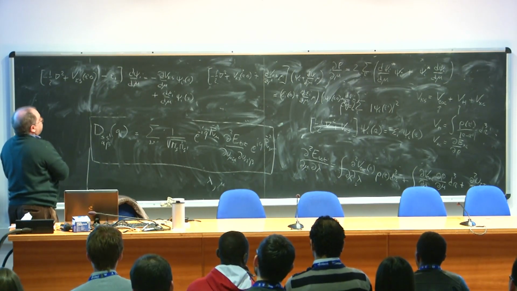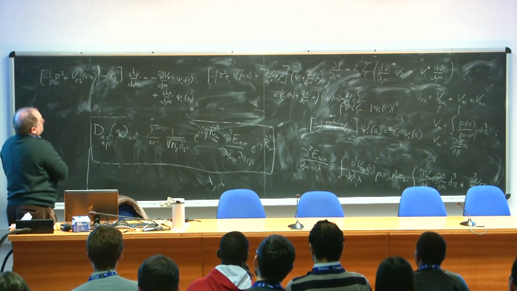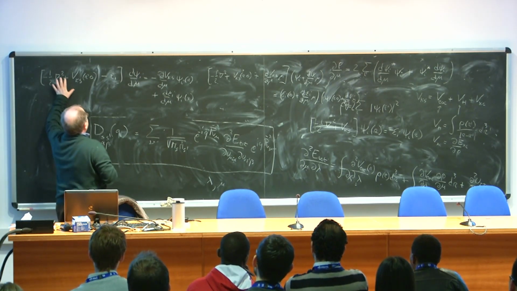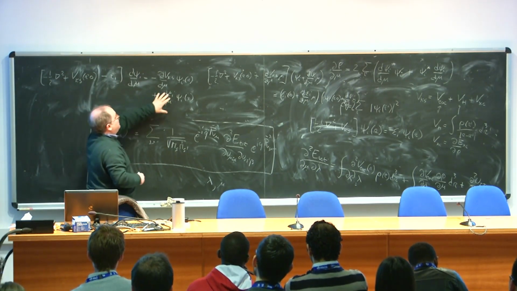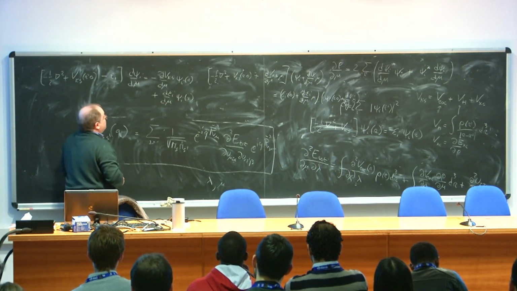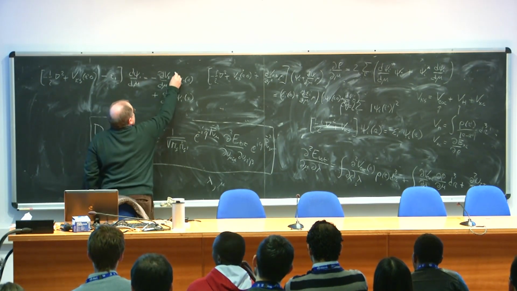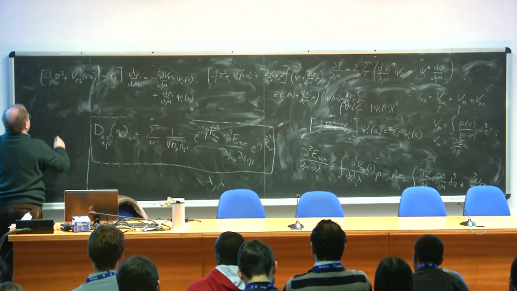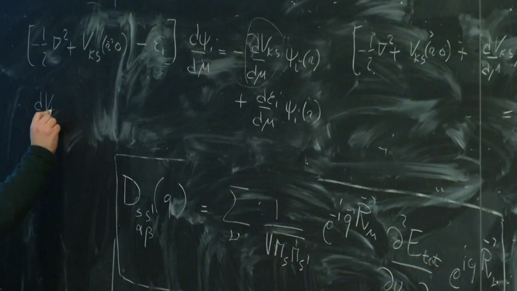And now you see that this is a linear system, where we have a right-hand side that contains the change of the Kohn-Sham potential with respect to mu, dV Kohn-Sham with respect to mu.